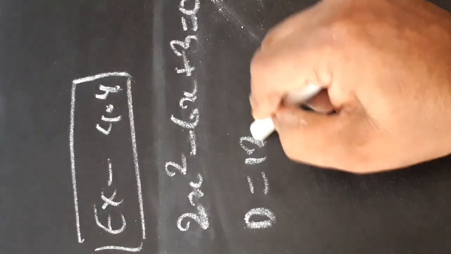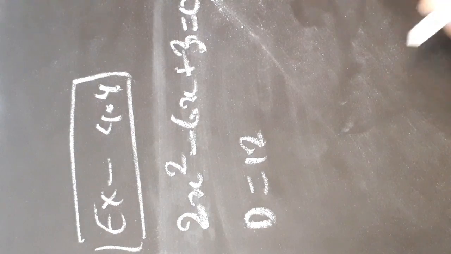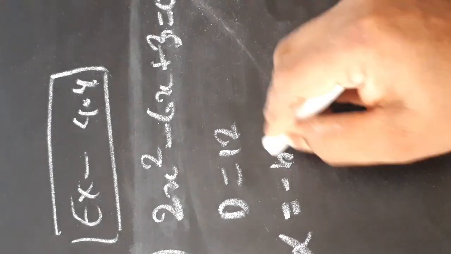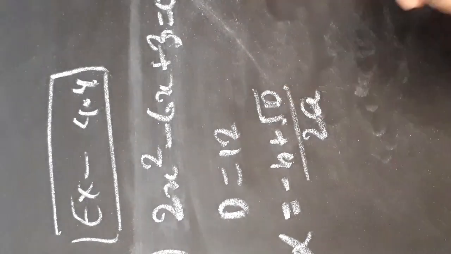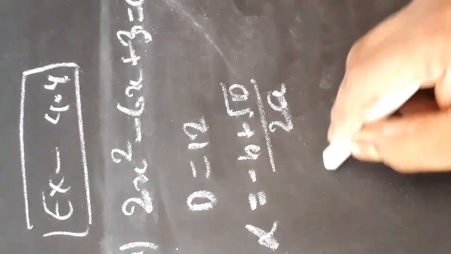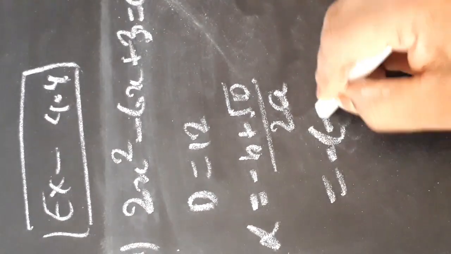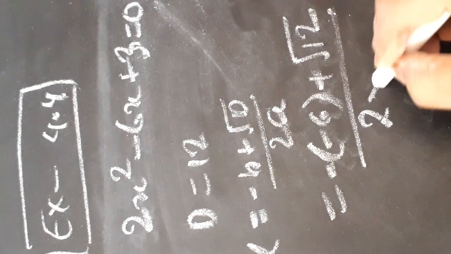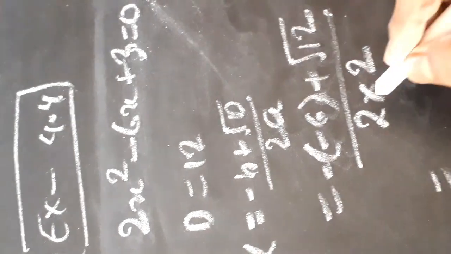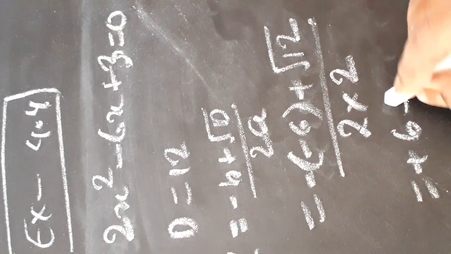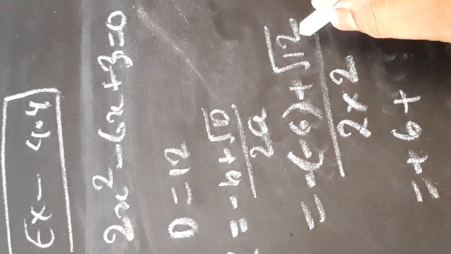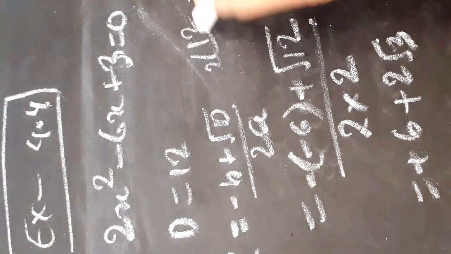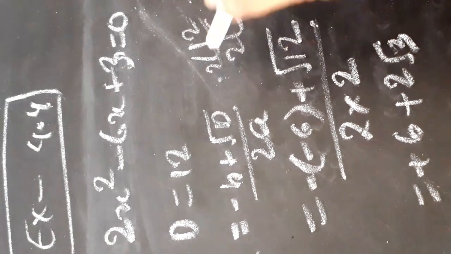Here we will keep in mind D is equal to 12. Now alpha will be (−b + √D) upon 2a. In place of b we put −6, so 6 plus √12 upon 2 into 2. √12 is √(4×3), so it will become 2√3.